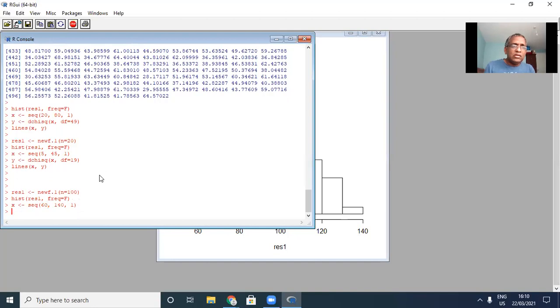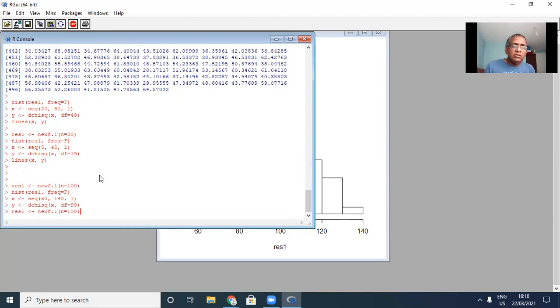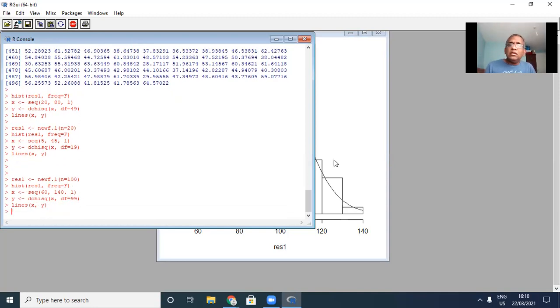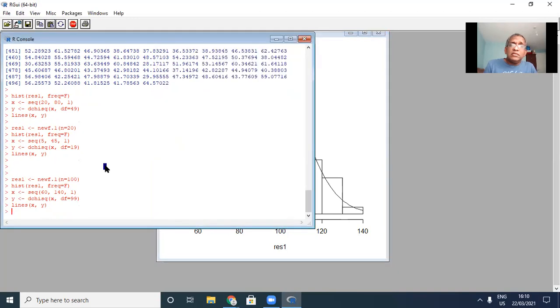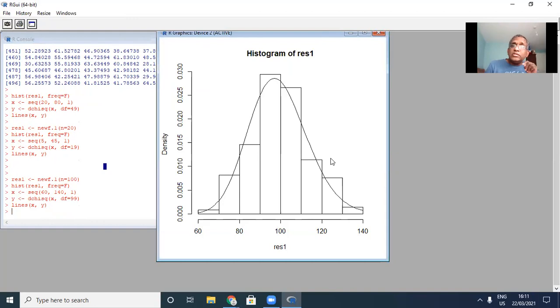And then you define y with 99, and finally you do the lines command, and you see once again that the density of the chi-square with n minus 1 degrees of freedom matches up the simulated data well. So this is an exercise on the sampling distribution of the sample variance.